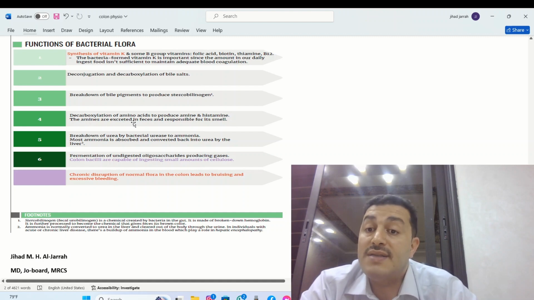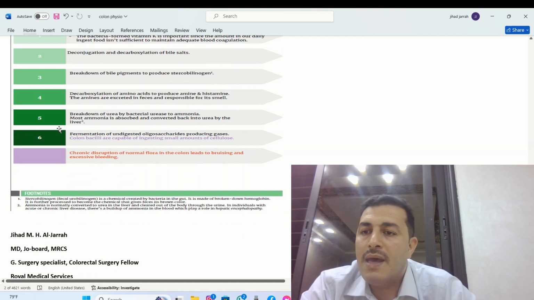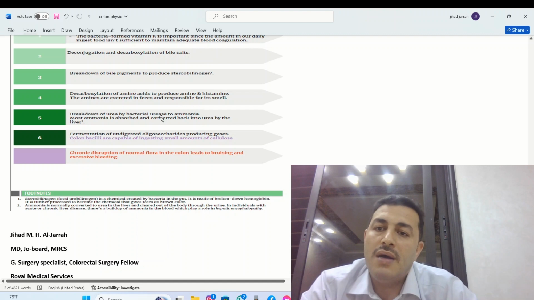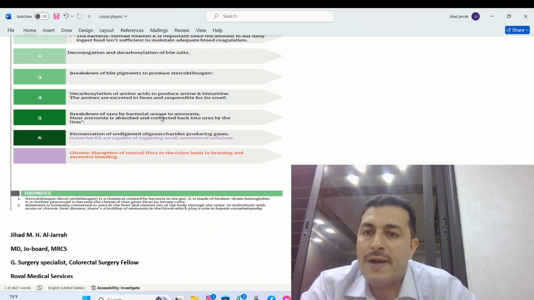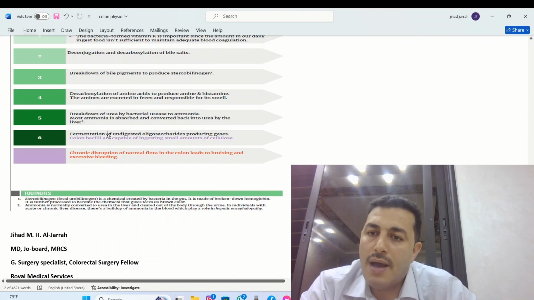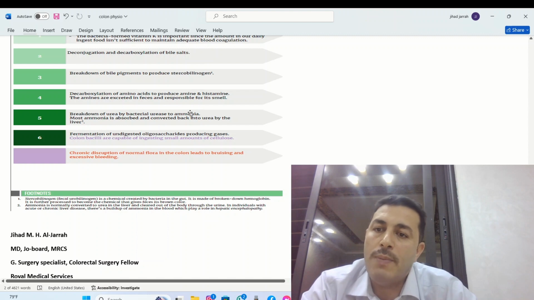The amines are excreted in feces and are responsible for the smell. Breakdown of urea by bacterial urease to ammonia: the urease produced by the bacteria will actually convert urea to ammonia.